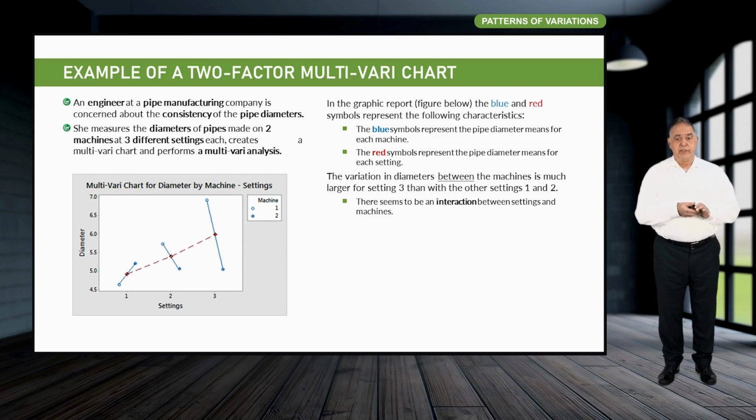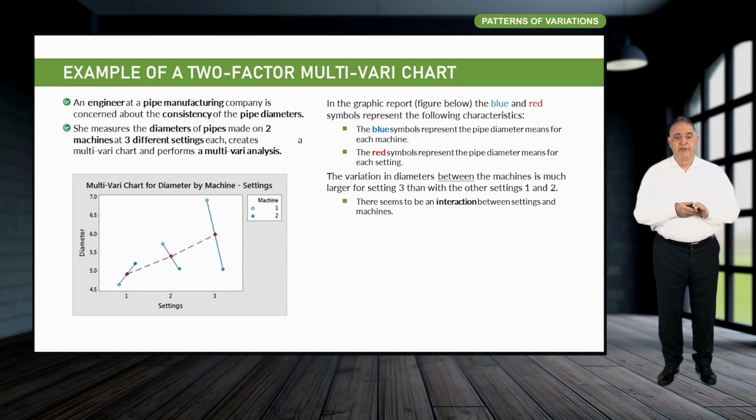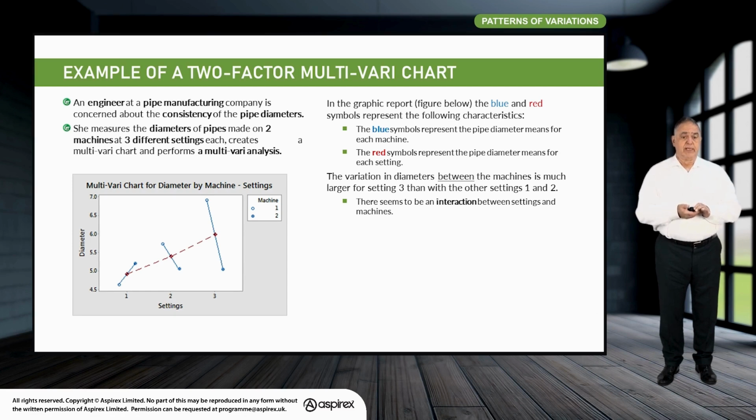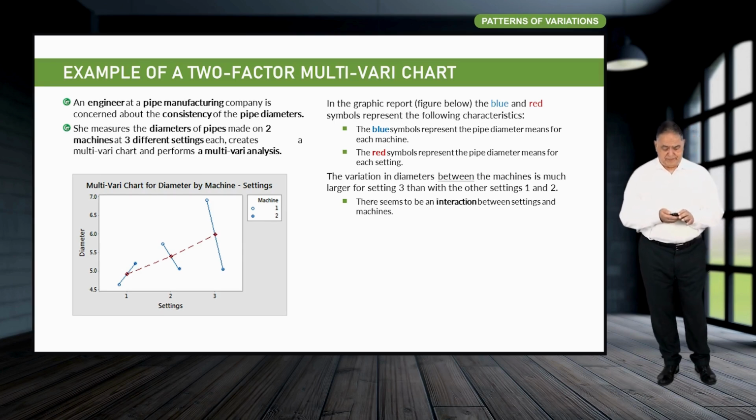The variation in diameters between the machines, we can notice that it is much larger when we refer to setting 3 when compared with settings 1 and 2. That's why we say that in setting 3 we have a much longer line. There seems to be an interaction between the settings and the machines, and this obviously has to be further investigated.